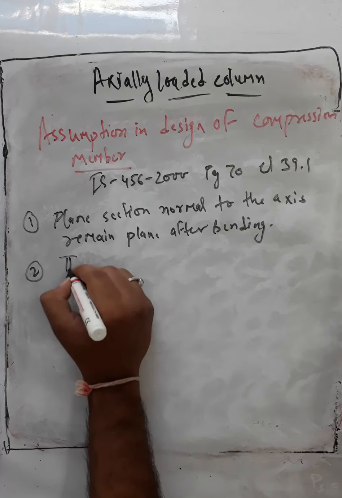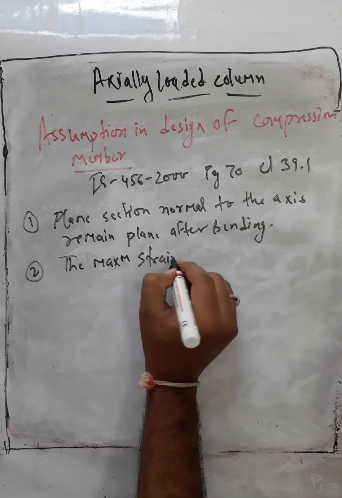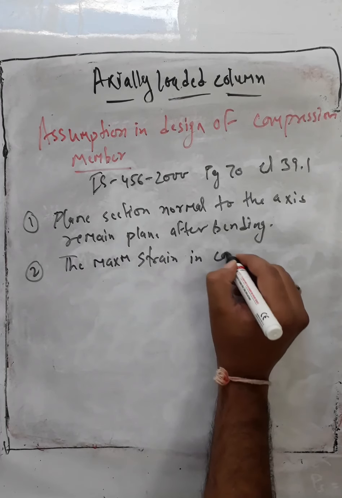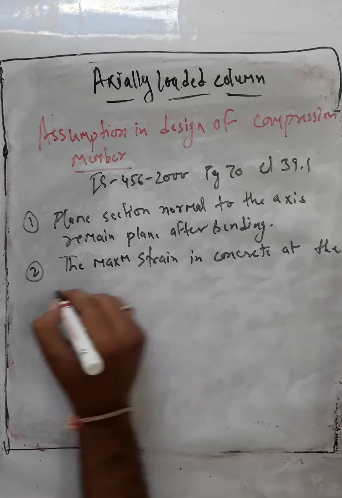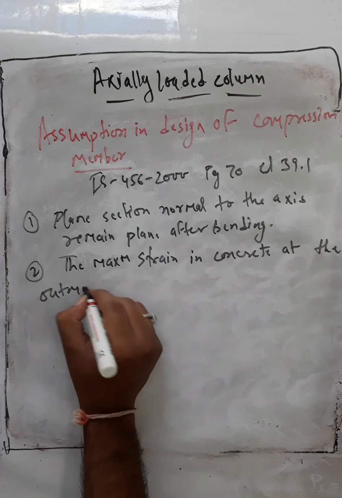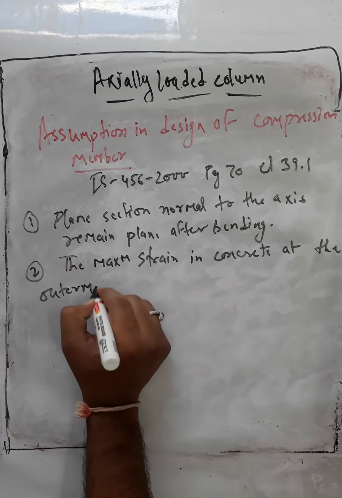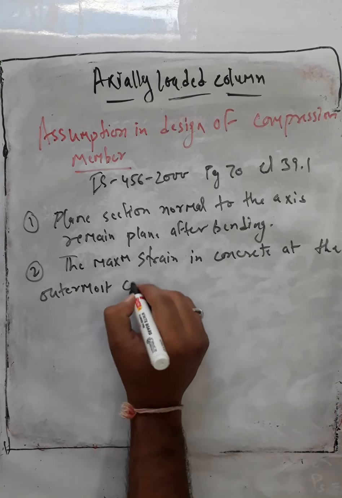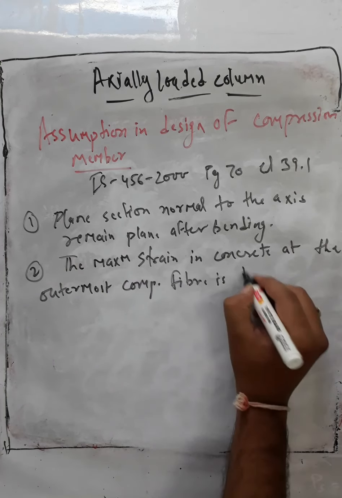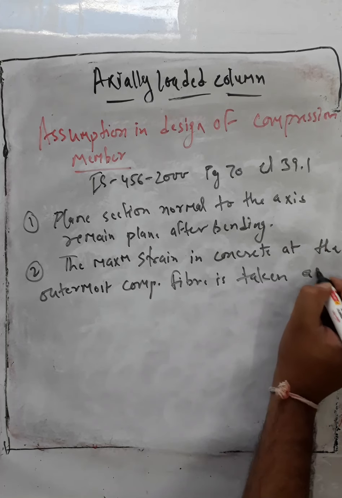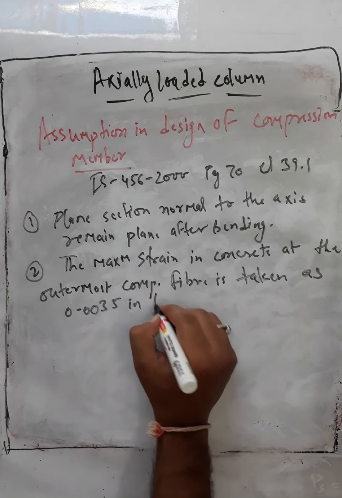Second one, the maximum strain in concrete at the outermost compression fiber is taken as 0.0035 in bending.